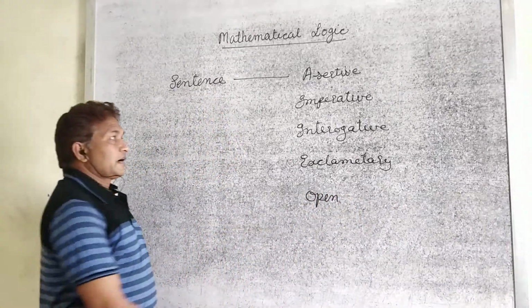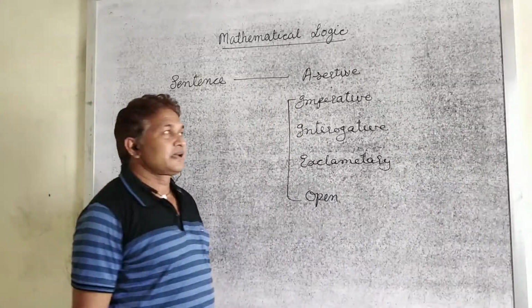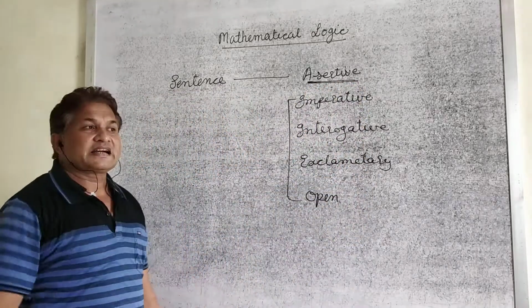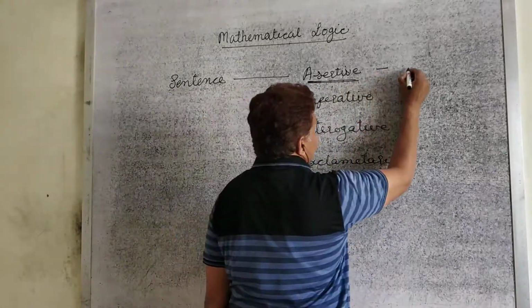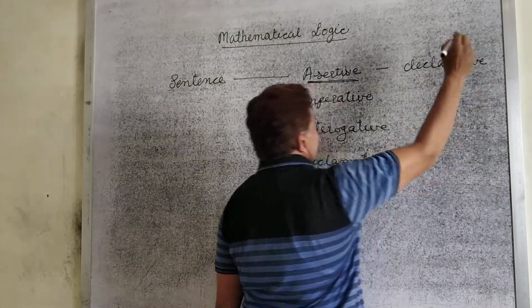So we have to leave all these types of sentences and consider only the assertive sentence. But in assertive sentences we have to consider only the declarative sentence.